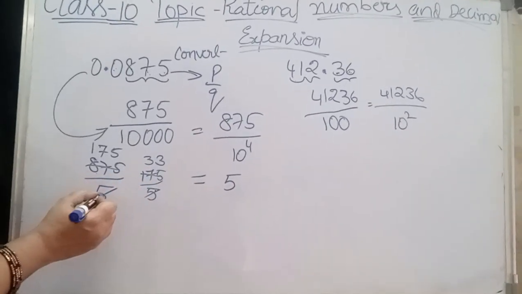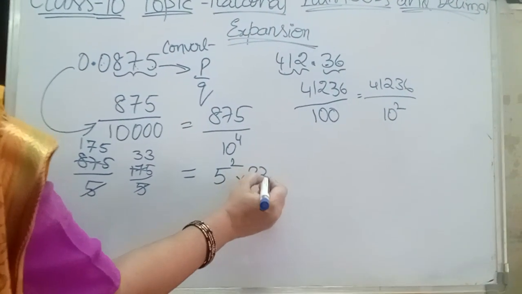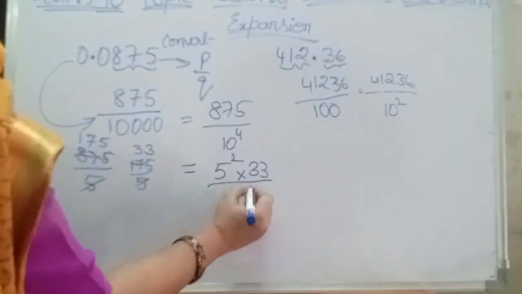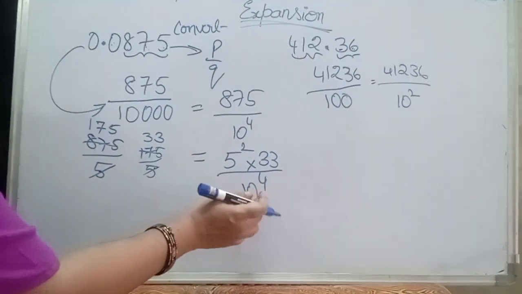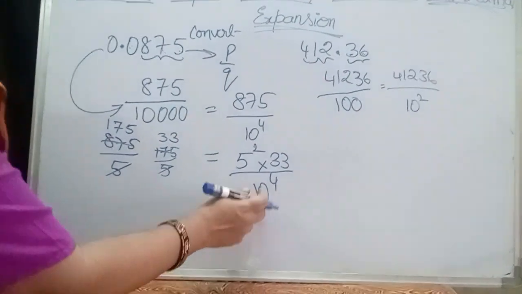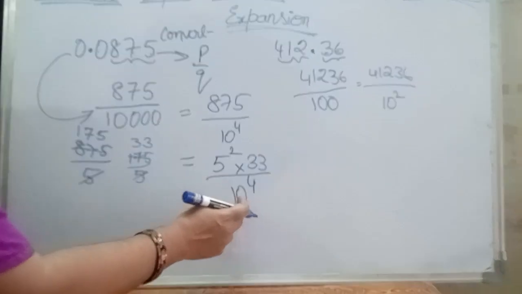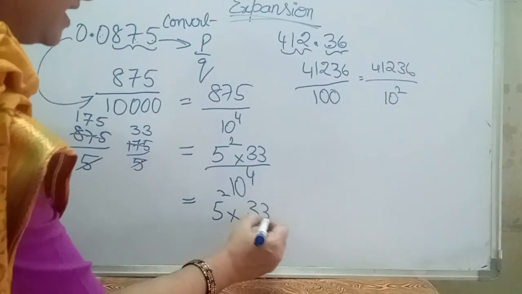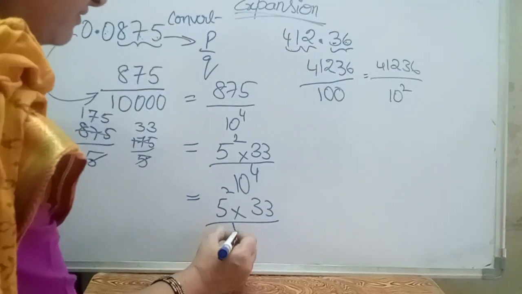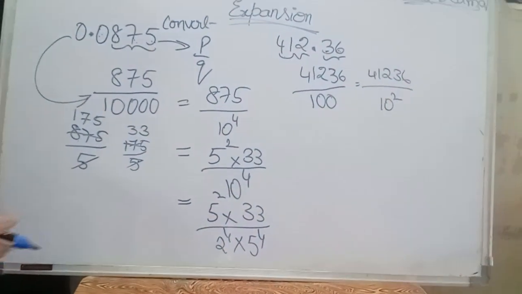So 5 square into 35 by 10 power 4. And if you observe this 10, we can write even this in the powers of 5, and also you will get 2. So 5 square into 35 by 2 power 4 into 5 power 4. Okay?